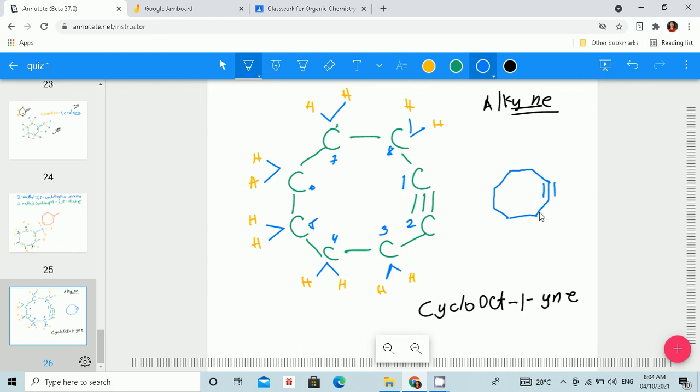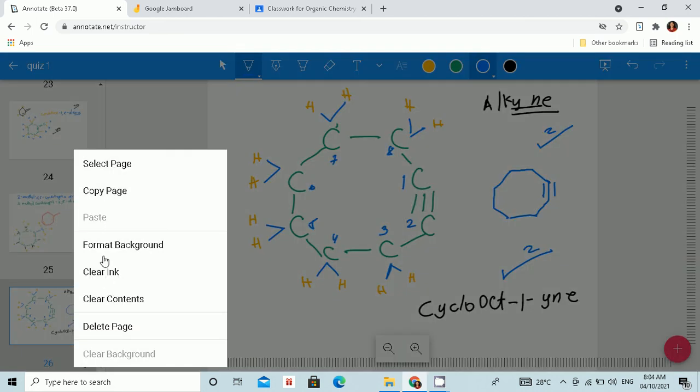So this is our line structure. So 2 points for each. Two, then you have two. Okay, now let's go to the next page. Okay, it's on a new page.